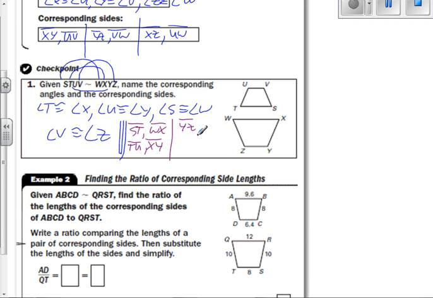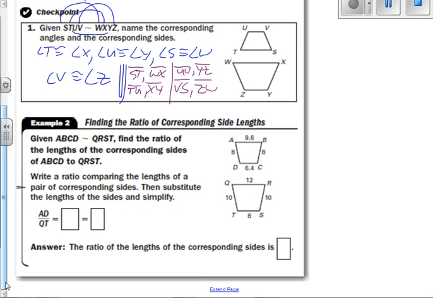Let me back up. I messed up there. My brain's going faster than what I could write. Okay, so we need UV and YZ, and then our very last one would be VS and ZW. Alright, so let's move on.